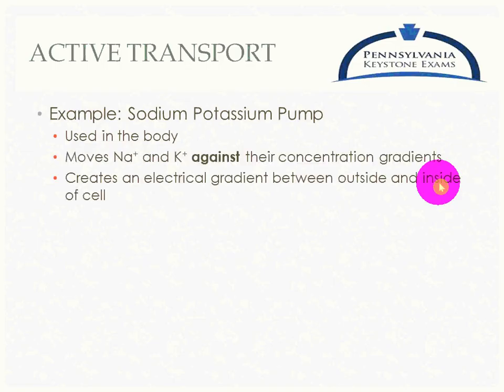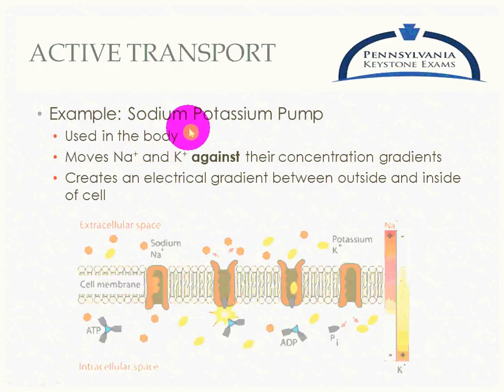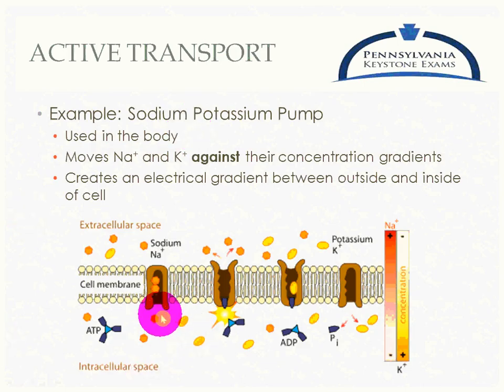And what that does is we cause a difference in the charge inside of a cell and outside of the cell. And it does this by moving sodium ions and potassium ions. Both of them get moved against their concentration gradients. So what happens is, in a natural way, you can see here sodium is shown in the little red hexagons, and potassium is shown in yellow.